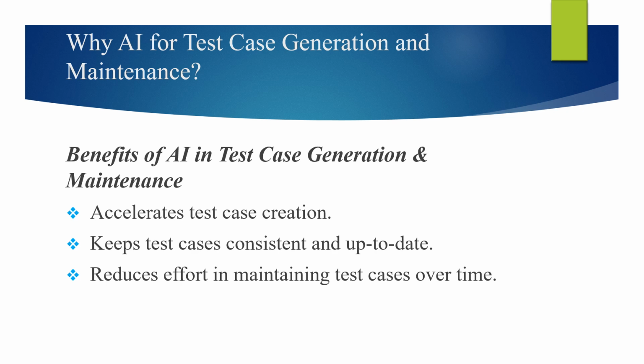One of the key benefits of AI in this context is its ability to adapt. As your software changes, AI tools can automatically adjust test cases to align with new workflows or updated features. This adaptability is a game changer, allowing QA teams to keep up with development speeds and minimize the time spent on manual test case updates.